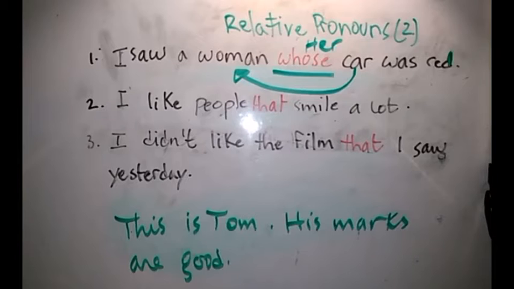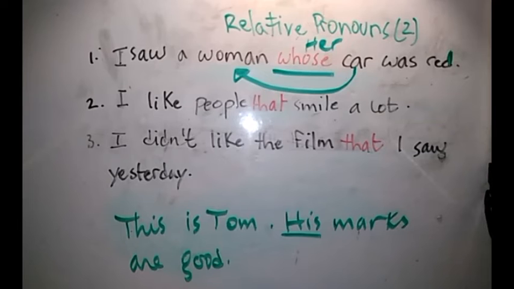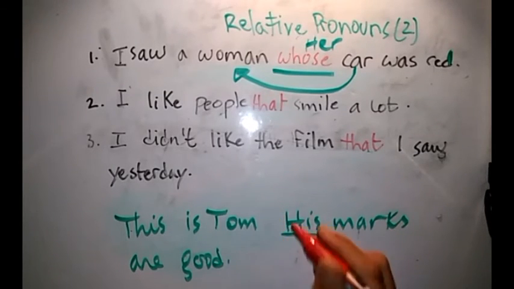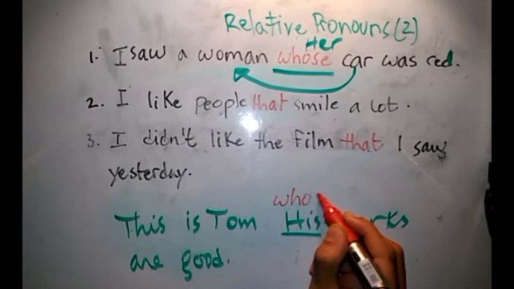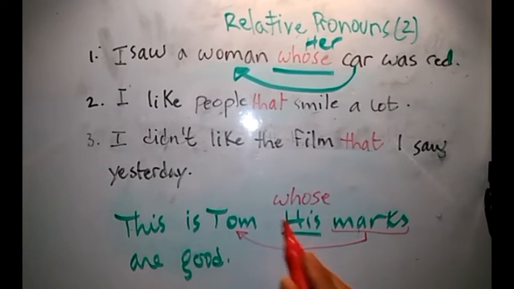As we said earlier, whose replaces the possessive adjective, and in this case it's his. So we say, this is Tom, we omit the full stop, whose marks are good. We want to show that marks belong to Tom.